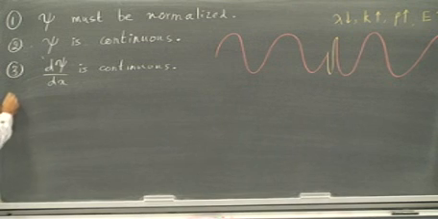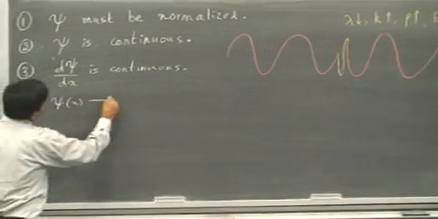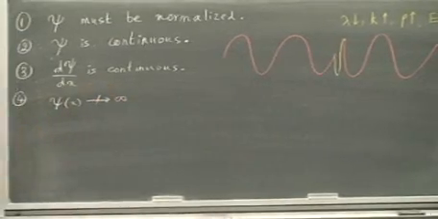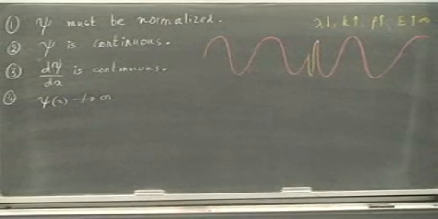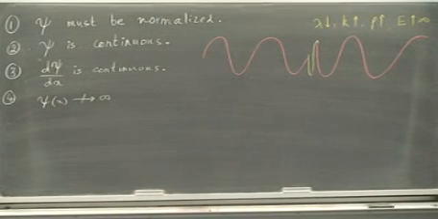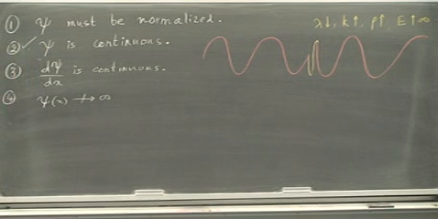There is another requirement that the wave function can never go to infinity, because then you will have infinite probability, which does not make sense. So there are certain requirements in order to have legitimate wave functions. And we will use the second requirement here, that the wave function is continuous, in order to solve these coefficients A and B.